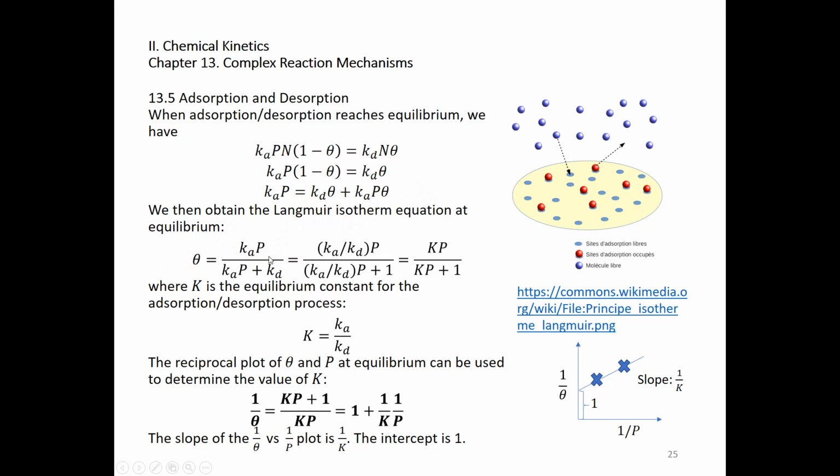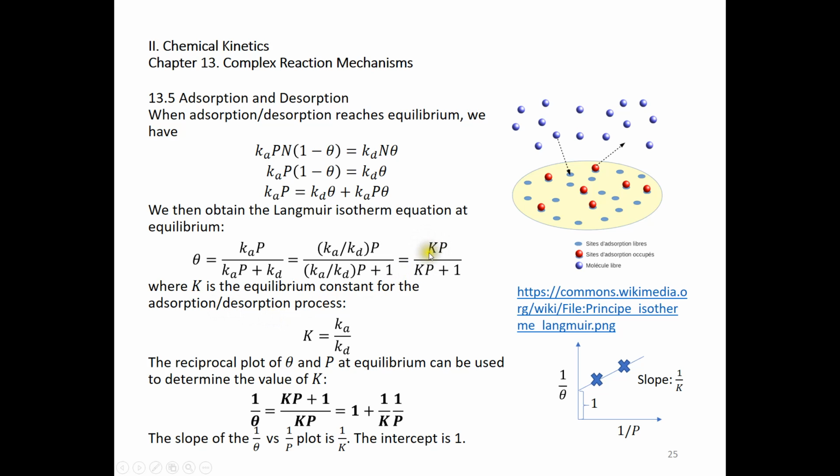And then we can divide both the denominator and the numerator by k sub D. On top we have k_A over k_D times P. On the bottom we have k_A over k_D times P plus 1. And then we define the equilibrium constant for the adsorption desorption process.